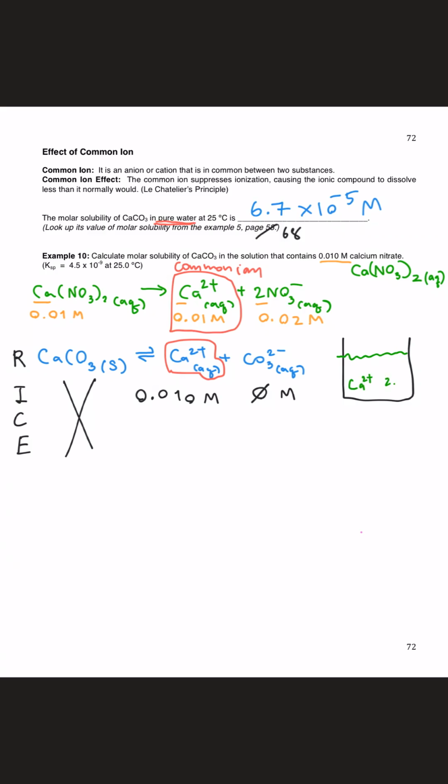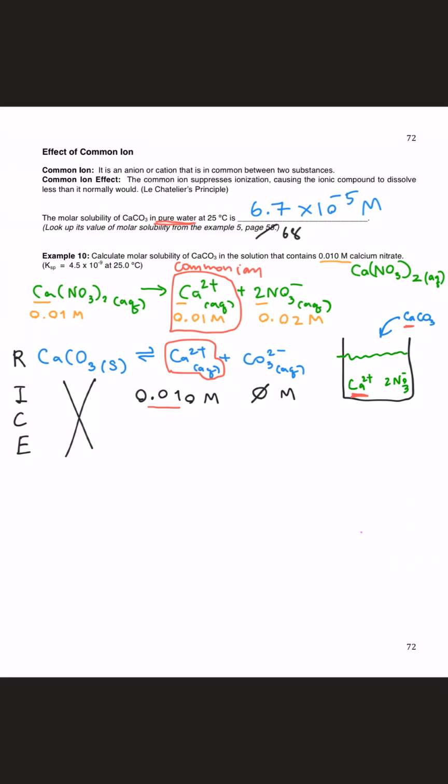There should be nitrate floating around according to the first equation that we wrote out. So next, when you add calcium carbonate into this solution, you will see that calcium ions are already present. So this is the initial concentration of calcium ions. That's why we will need to take that into account, right?